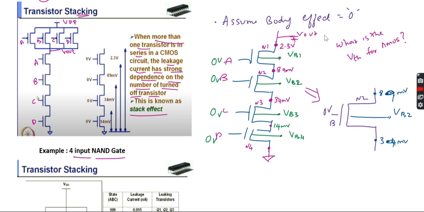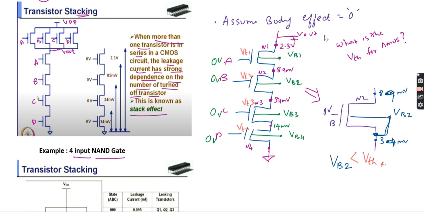By default, if this one is connected to here, keep in mind, then this VB2 will be different, so we'll have different threshold voltages. For example, I will say VT1 for this, VT2, threshold voltage 2, for this, VT3 for this, and VT4 for this. Your overall voltage will be this: VB2 will be less than VTH4.